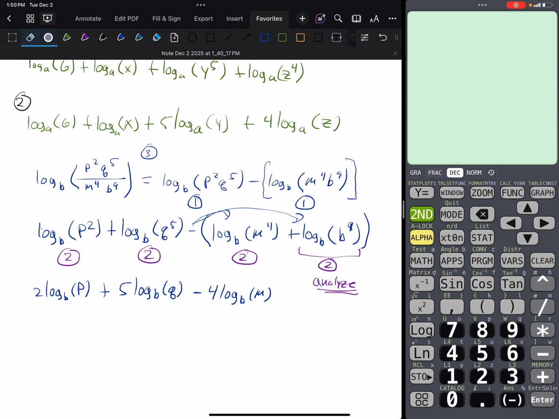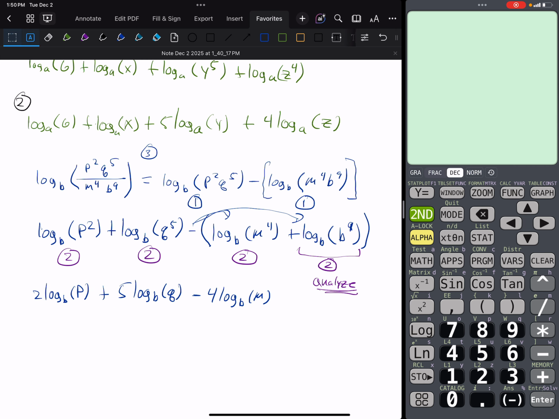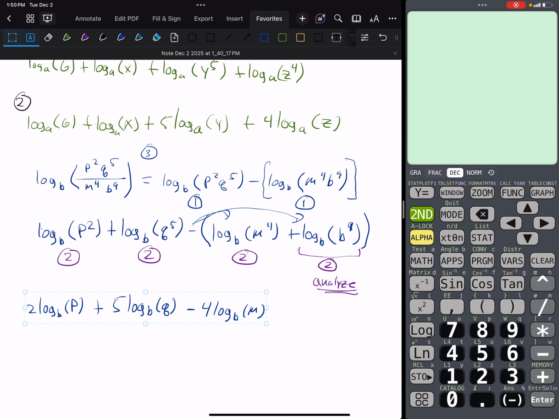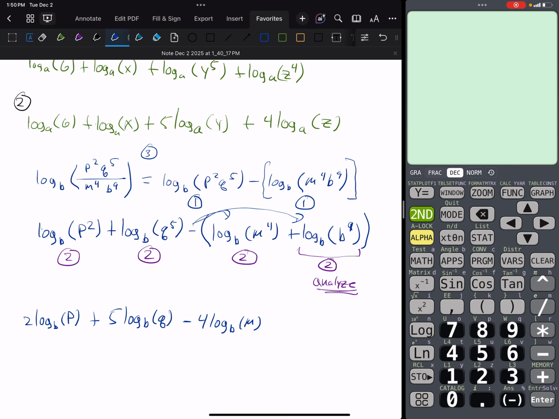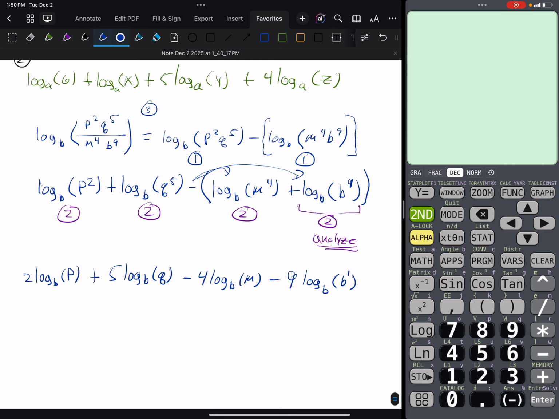Or I can get to that a little bit longer. And I'll go ahead and write the little bit longer out here. Oops, let's carry that 5 along. I can also get to that by following through with these rules and saying that this is minus 9 log base b of b, and then saying that this is b to the 1, right?